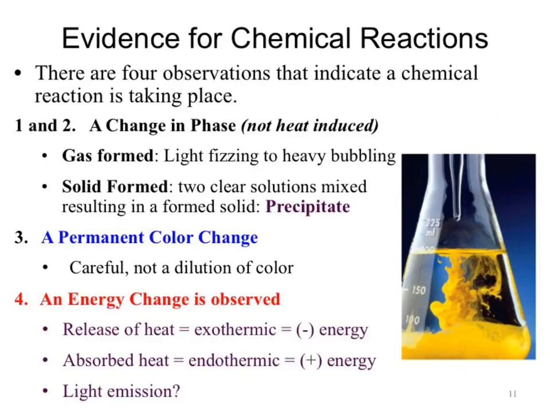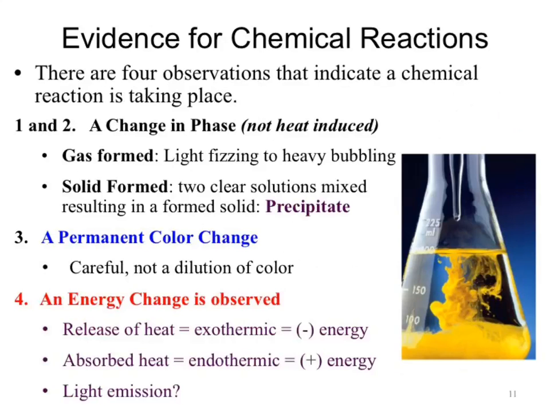Again, what's happening in it? That's a mixing of two colors. We didn't actually do a chemical reaction. We just saw the blending of two colors. So we have to be careful with color changes that it's not a dilution. You're looking at the formation of a brand new color that we couldn't see from the combination of the pieces that went into it.